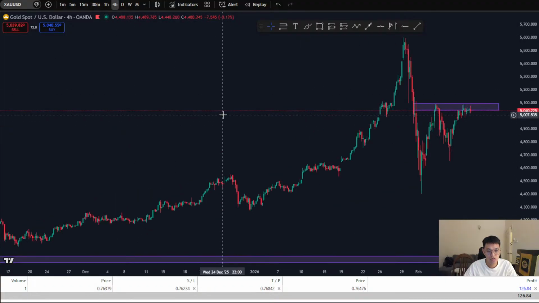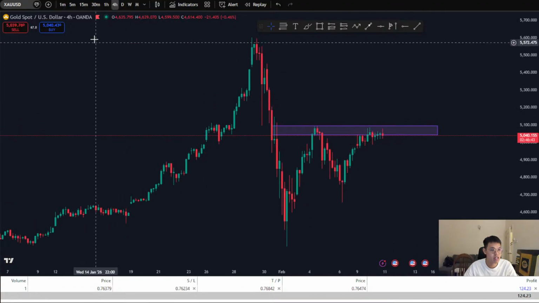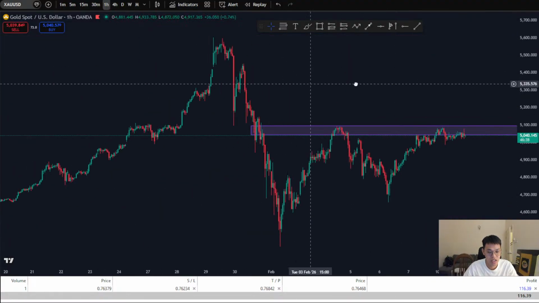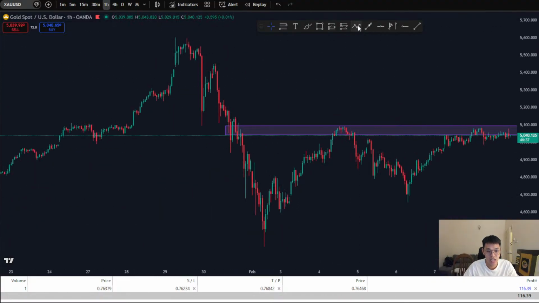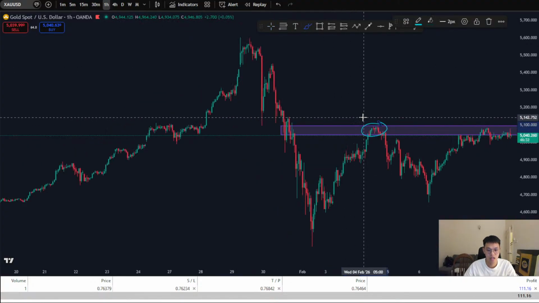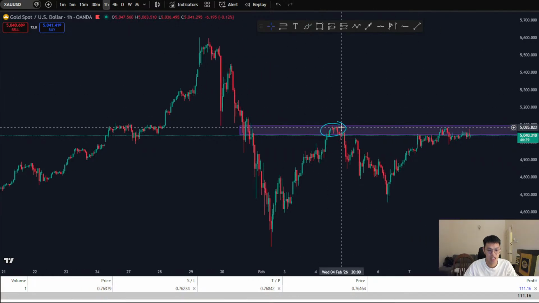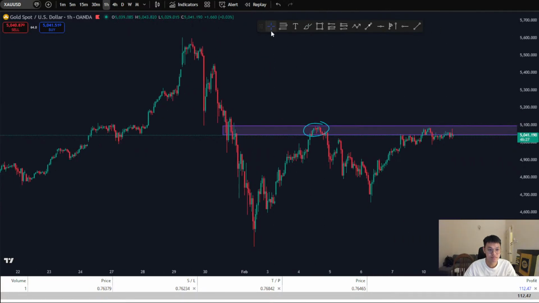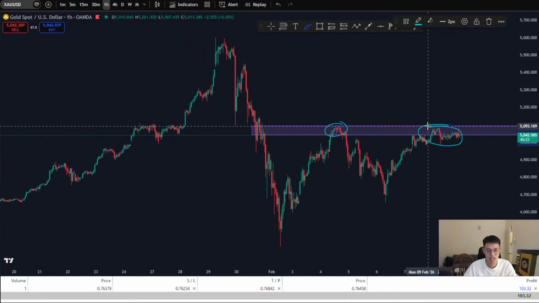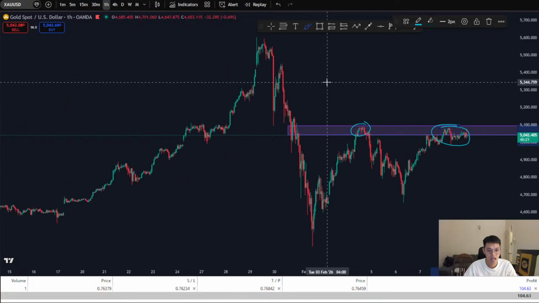The second thing, if we look at the 4 hour chart and the 1 hour chart, we can see that the price has already tested the resistance for the first time here, and now it is a second time.